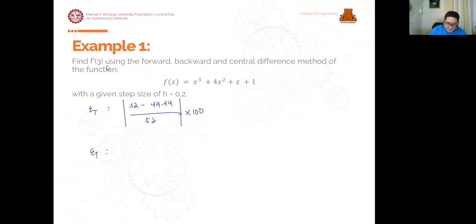So ang relative error natin is 4.923%. Okay? So a little bit lower dun sa forward difference pero hindi pa din na masasatisfy yung halimbawa sinet natin na specified criteria natin na 0.1%.